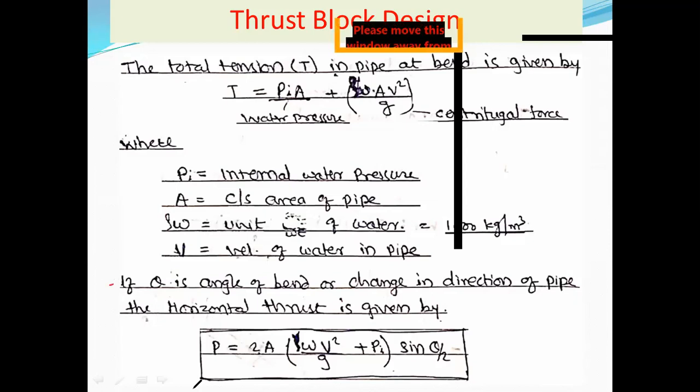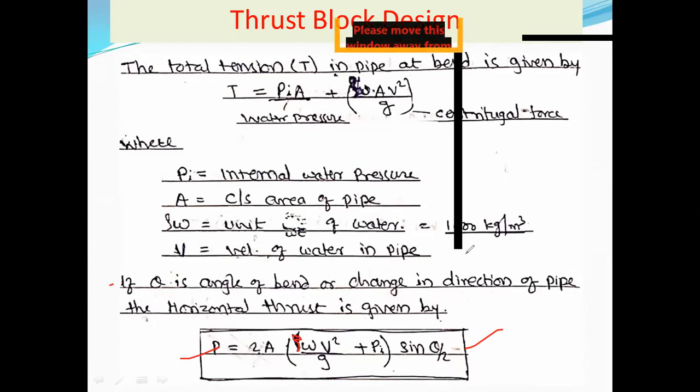Write down this sentence and this formula. If theta is the angle of bend or change in direction of the pipe, then the horizontal thrust is given by this equation. P is equal to 2A gamma W. So it is not gamma W, it is rho W. Make it rho W.